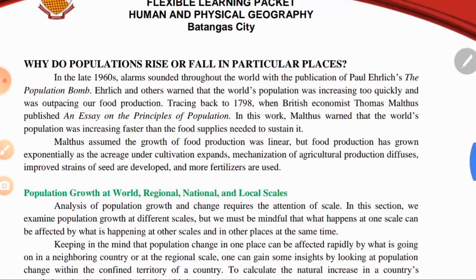And his reasoning was that food supplies grew linearly. Kumbaga yung mga crops ay same amount lang yung na-produce kada harvest. Whereas yung population ay, the number of population ay, it grows exponentially.